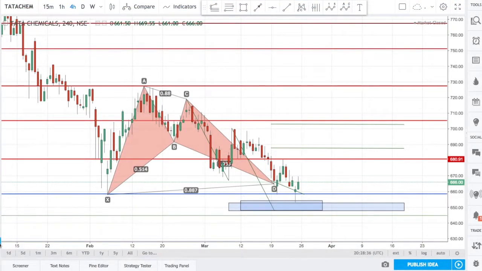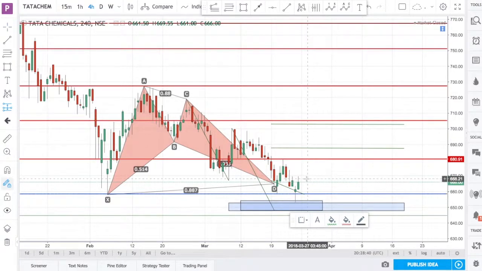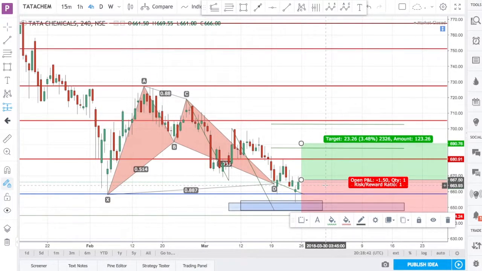So let's now grab our target placement tool. Assuming the markets open at this point in the next trading session, we can place our trade orders here.